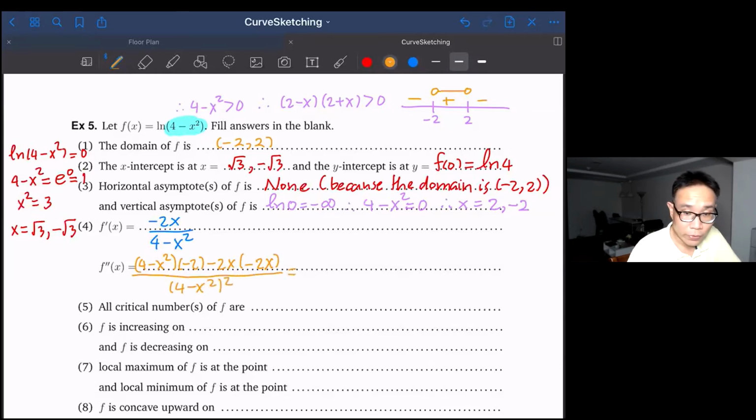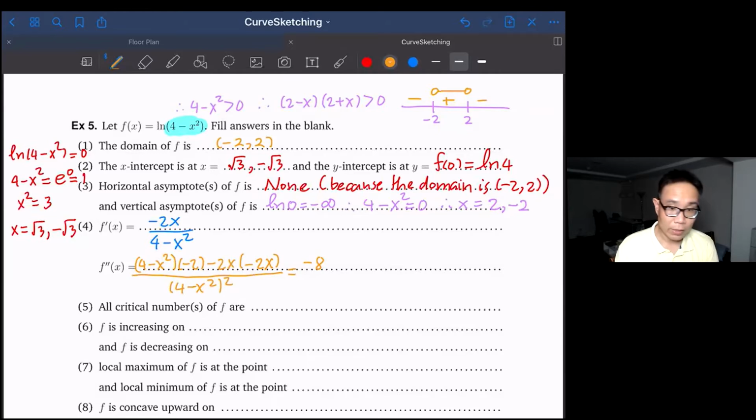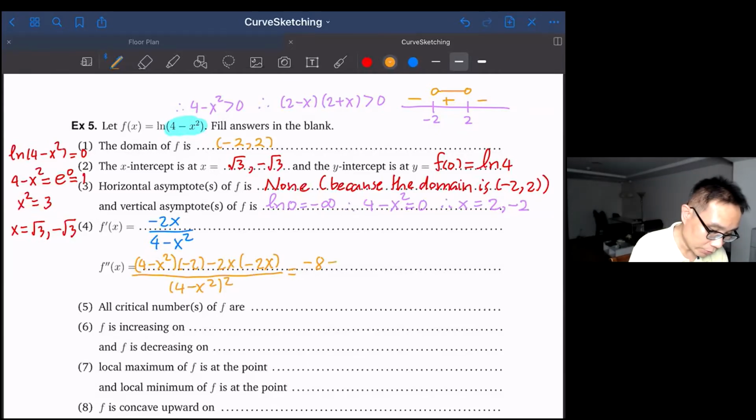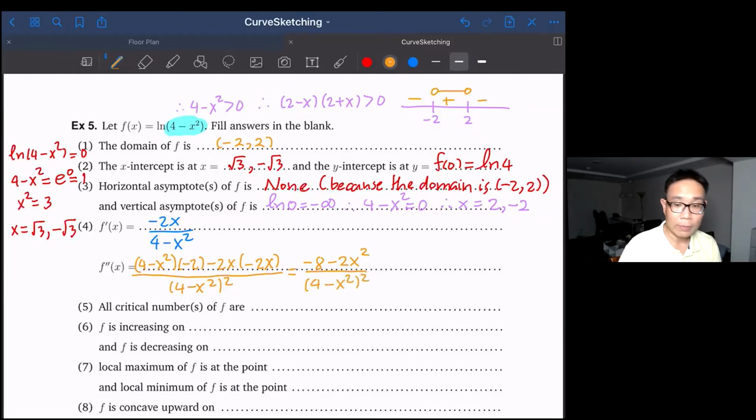And so you will get negative 8. Okay, so you would get negative 8, and you get what? Negative 2, right? So it's going to be negative 2 plus negative 2x squared. So you have this guy, and it's going to be over 4 minus x squared, squared.